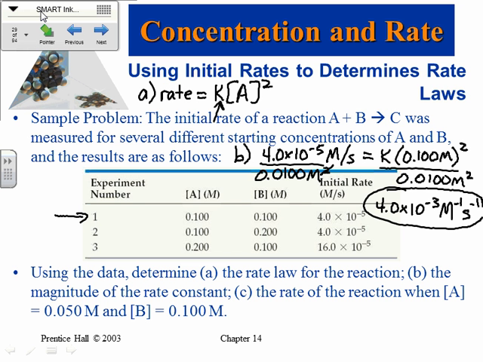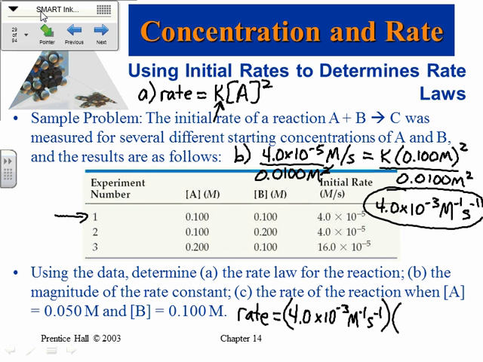And then C here, the rate of the reaction when the concentration of A is 0.05 and B is 0.1. Now that we know the K, we can solve for the rate when we are given this set of concentrations. So rate equals 4.0 times 10 to the negative 3rd, molar^-1 seconds^-1, multiplied by our concentrations.